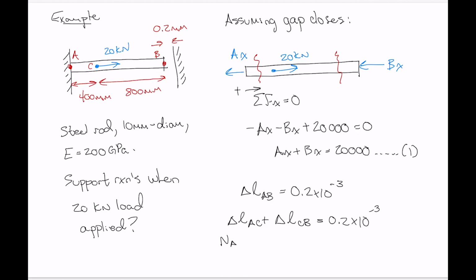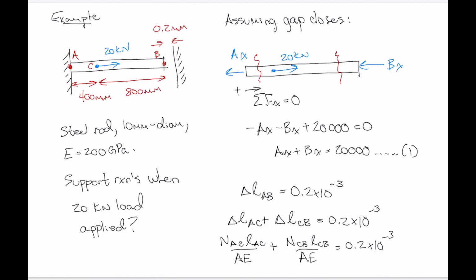N AC L AC over AE, dropping the subscript because they're the same for both segments, plus N CB L CB over AE equals 0.2 times 10 to the minus 3. Now we need to make our substitution there.